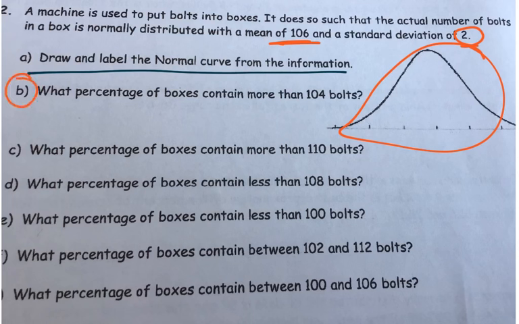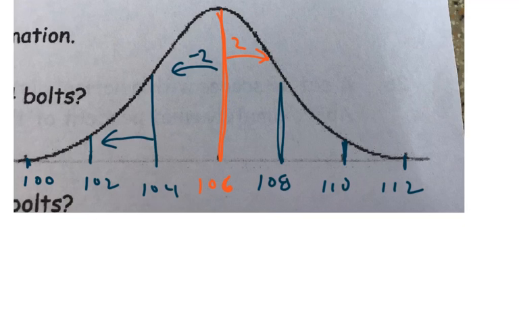Let's do B. What percent of the boxes have more than 104 bolts? Well, here is 104, correct? Now remember, if I go 1 each way, that's 68%.